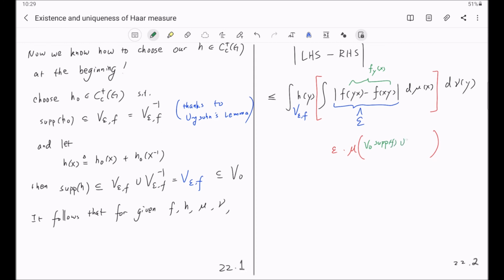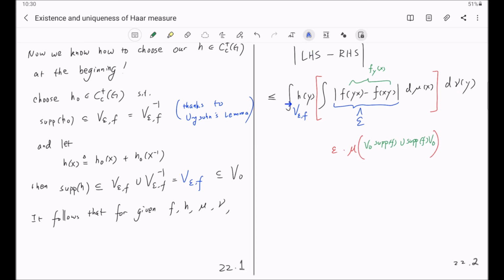This guy. Of course, here we are using the fact that this V_ε,f is contained in V_0. And when we consider this function, we also only consider the case when y is inside V_0. But here y is inside something even smaller than V_0, so we are good. We are giving this a very generous bound. That's good.